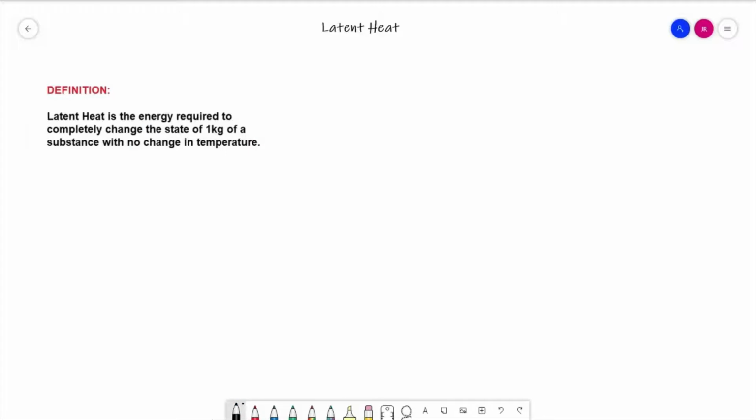So what we need to do now is we need to have a look and we need to define a different term, and it comes down to latent heat, and there on the screen you can see the definition. So the latent heat is the energy required to completely change the state of 1 kilogram of a substance with no change in temperature. Now again, the equation to cope with this, then we still have delta Q. We've still got the mass, but now we use just L for latent heat.